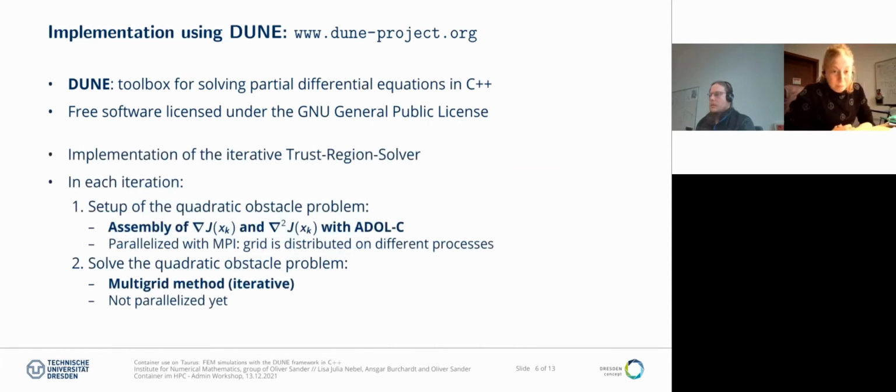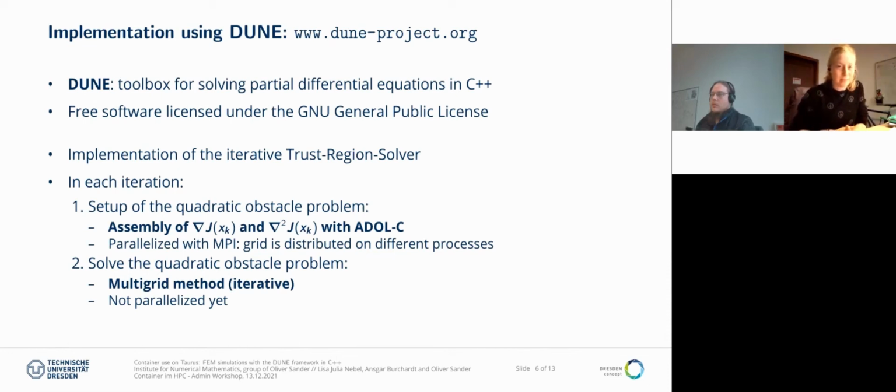So we implemented the first region solver that I just explained to you. And to repeat once more, in each iteration, we have to do the setup of this quadratic obstacle problem, and then solve the quadratic obstacle problem. And both steps take a long time. The first one, the assembly of the first and second derivative of the function, is done with an automatic differentiation program called RLC.